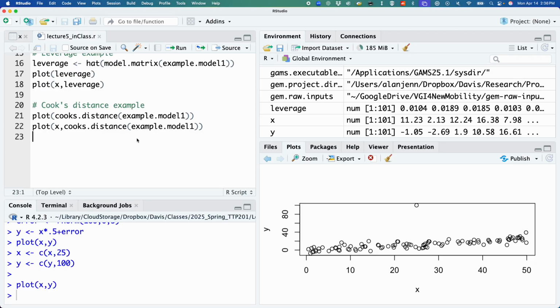That is the standard way that people think about measuring whether or not something is an outlier. Now let's talk a little bit about what you do with outliers. A very common approach is to just delete them.